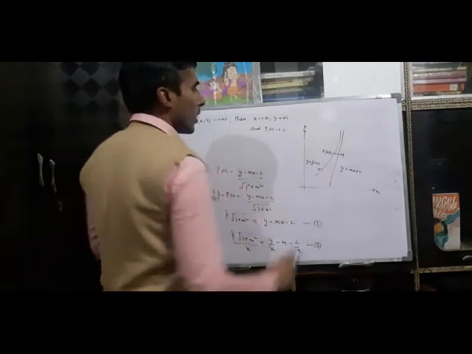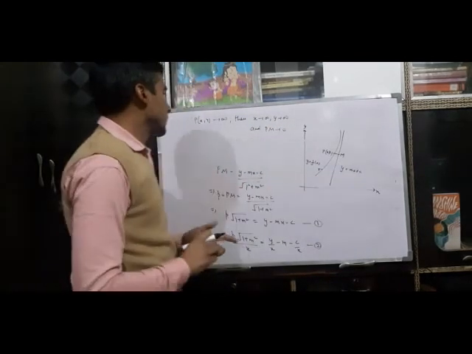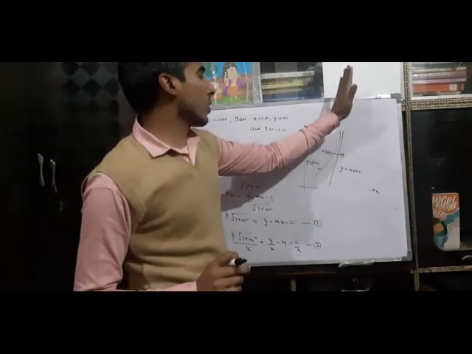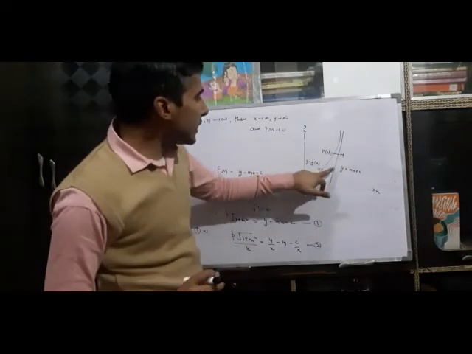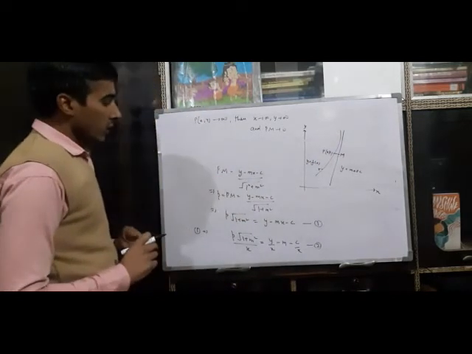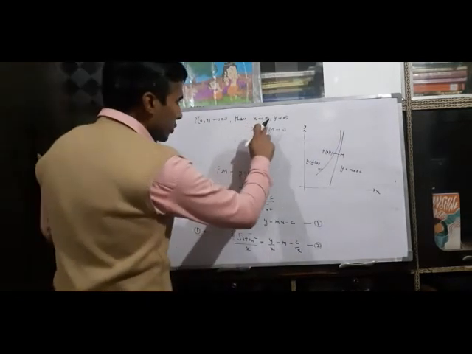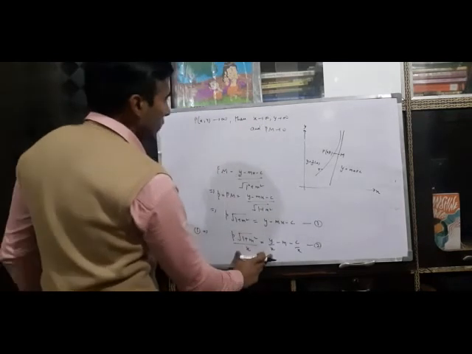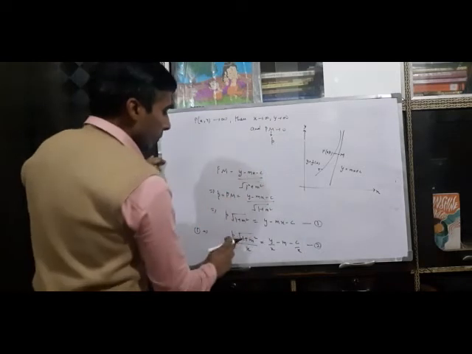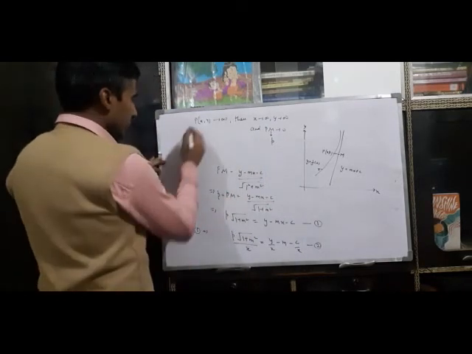If y equal to mx plus c is an asymptote, then by definition, if this point P moves along this curve and approaches infinity, then this distance PM will approach 0. Now applying this, x approaches infinity and y approaches infinity, and this distance PM, means p, goes to 0. What we will get?